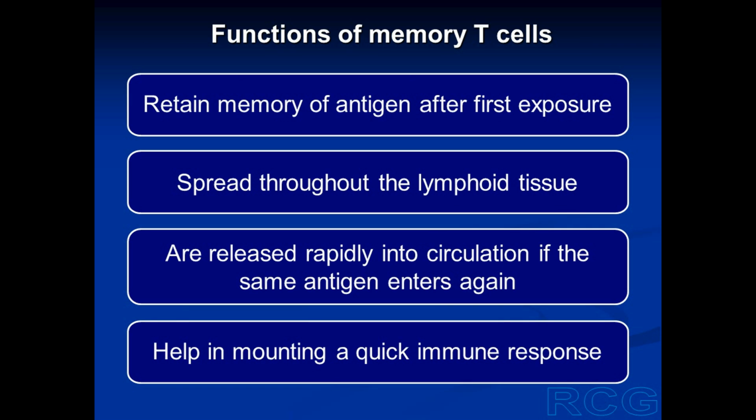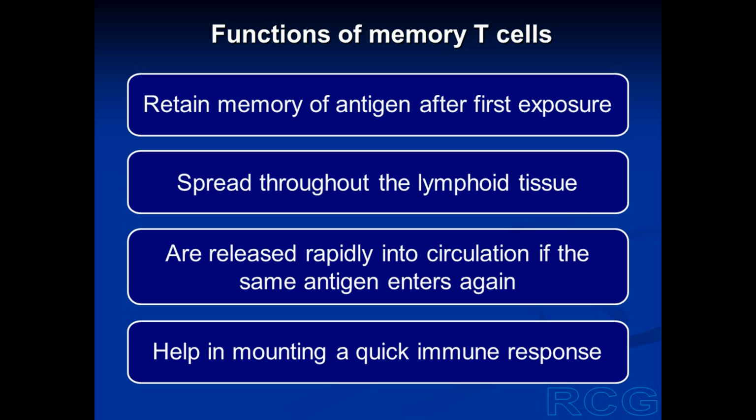The fourth type of T cells are memory T cells. These cells retain the memory of the antigen after the first exposure. So when T lymphocytes encounter a pathogen for the first time, some of the T lymphocytes are converted into memory T cells. These cells retain the memory of the antigen.